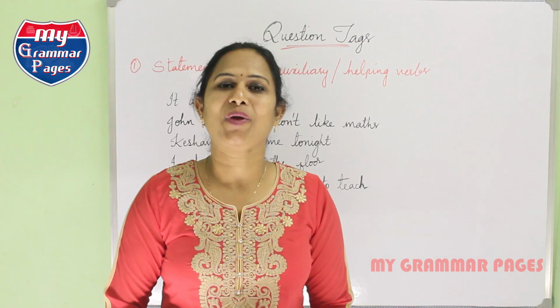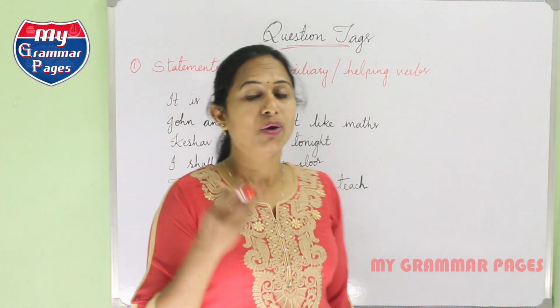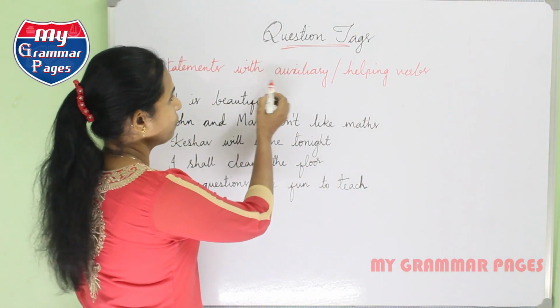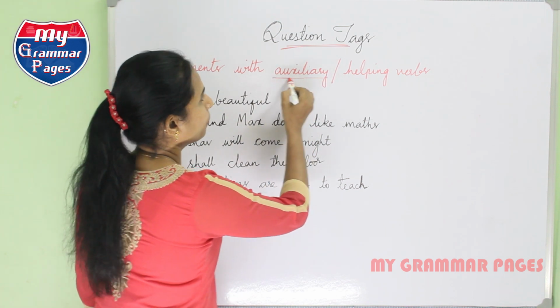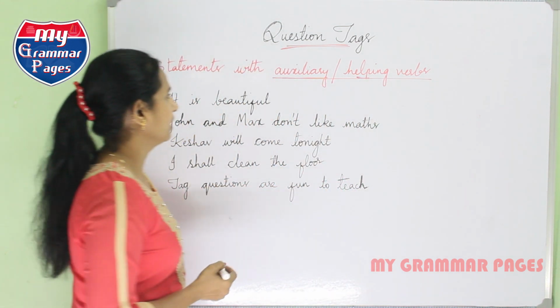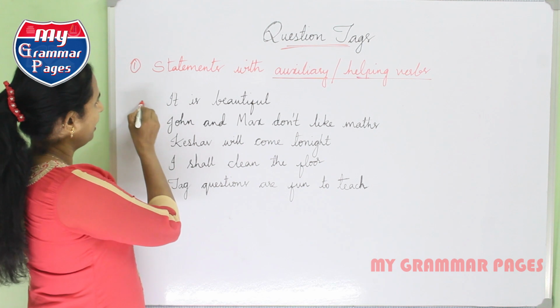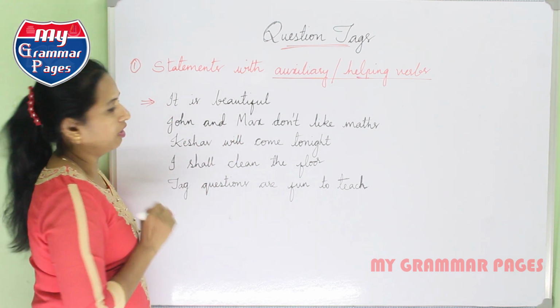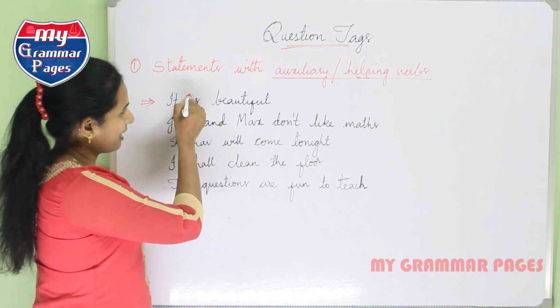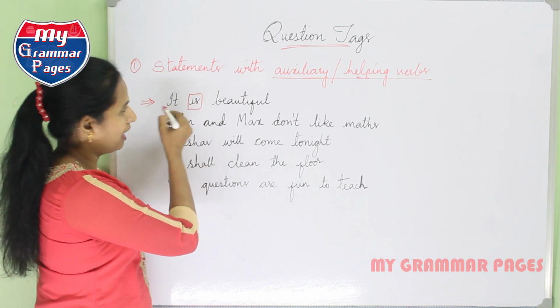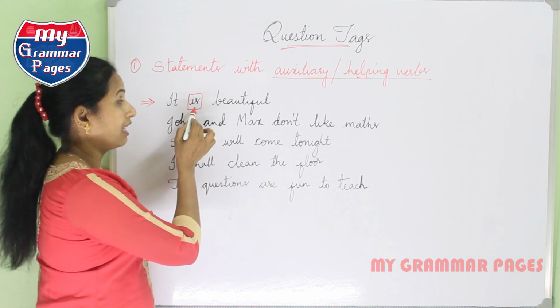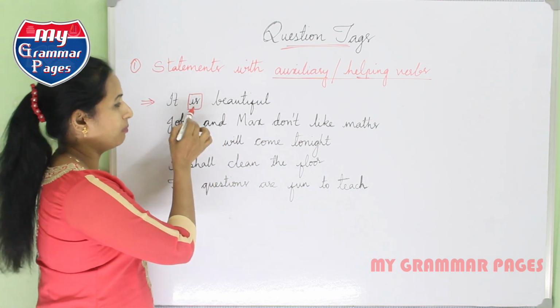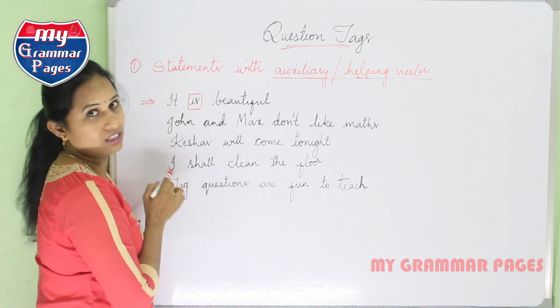Let us see the first way of writing a question tag, when the statement consists of an auxiliary verb or a helping verb. In this one, the first example I have taken is, it is beautiful. In this, is is the helping verb, and it is even acting as a main verb here, but in general, I have taken it as a helping verb.